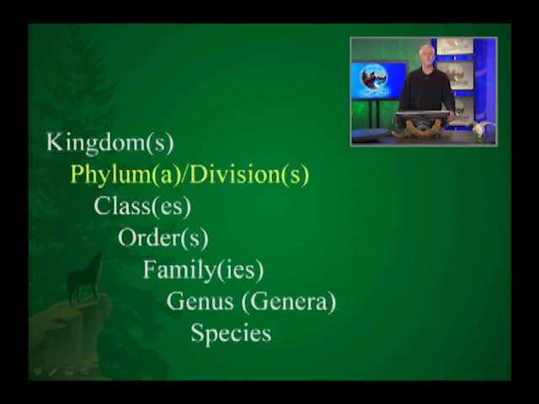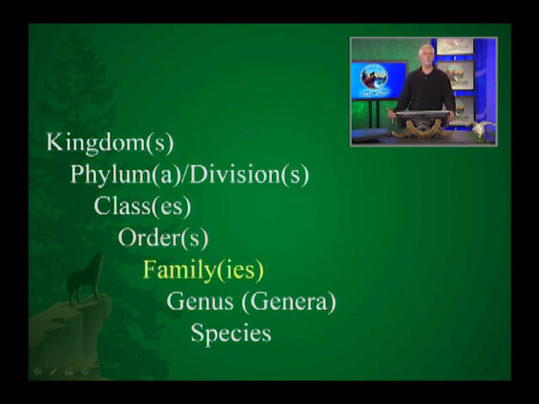And so a kingdom can then be divided up into subcategories or subgroups called phyla or divisions, and those terms are synonymous, so we can use those interchangeably. And then phyla or divisions can be broken up into groups that are more alike, which would be classes. Within the class, you could have groups that are still more similar to one another, which would be orders.